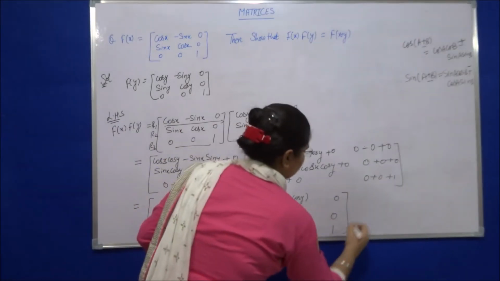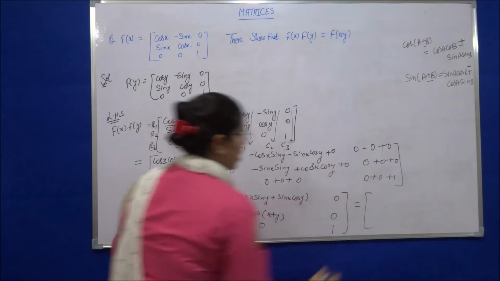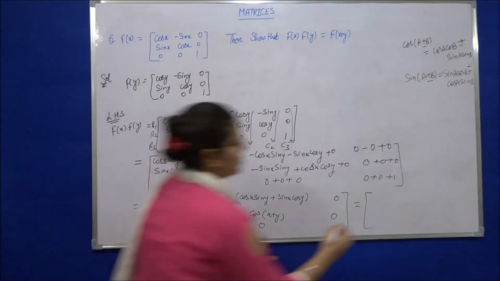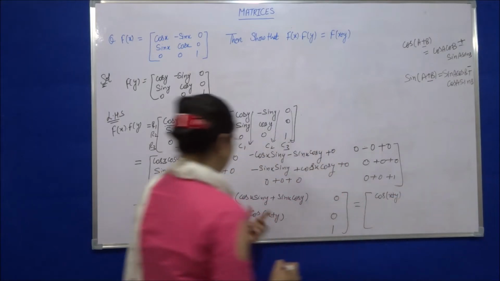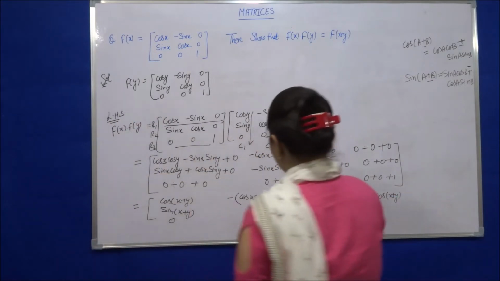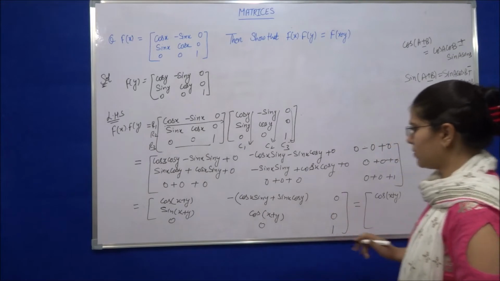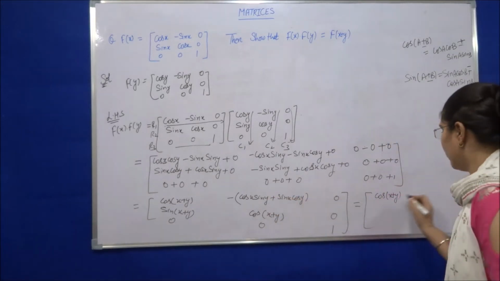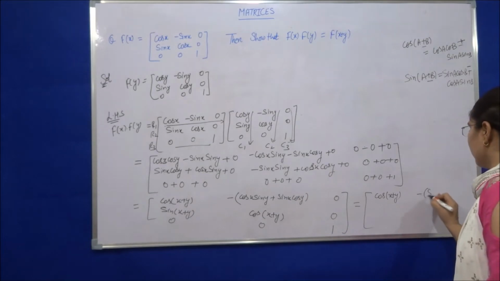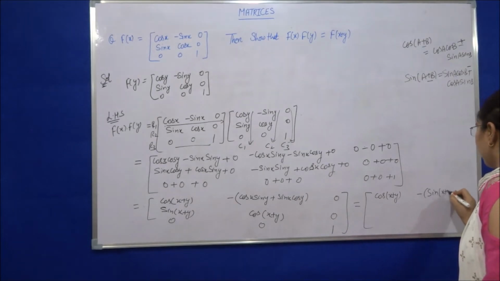After solving, our matrix will be cos of x plus y, then cos A sin B plus sin A cos B with the negative sign, that will be negative of sin of x plus y.